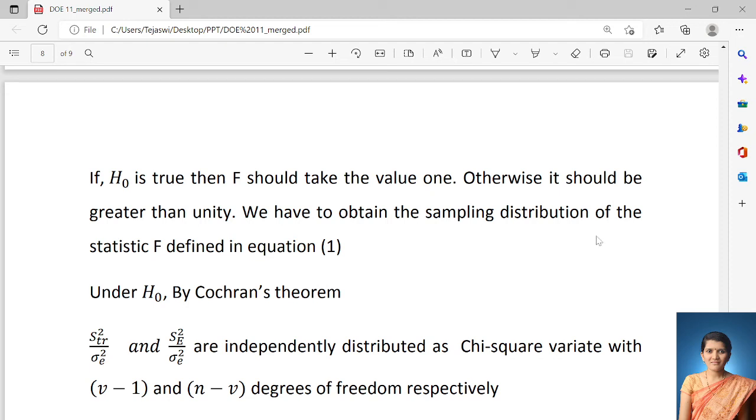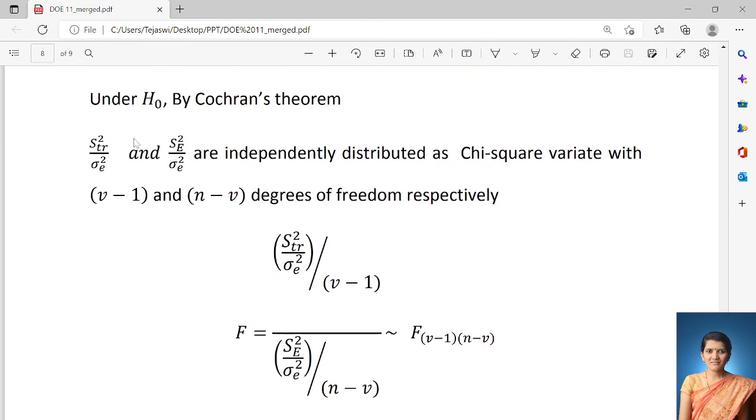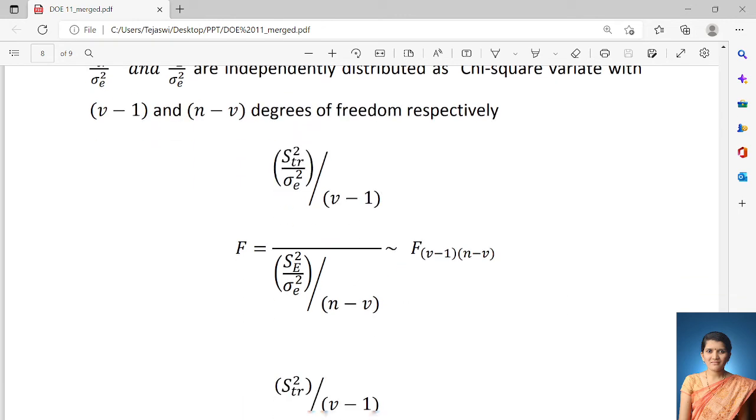So we obtain the sampling distribution of the statistic F defined in equation 1 under H naught by Cochran's theorem. The sum of square due to the treatment divided by sigma square is a chi-square variate, and another chi-square variate is the sum of square due to the error divided by sigma square. Both chi-square variates divided by their degrees of freedom, their ratio follows the F distribution with v minus 1 and n minus v degrees of freedom.